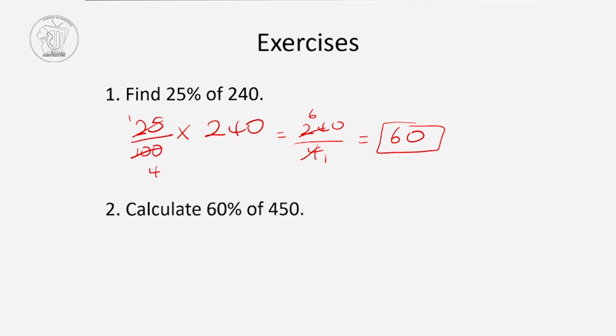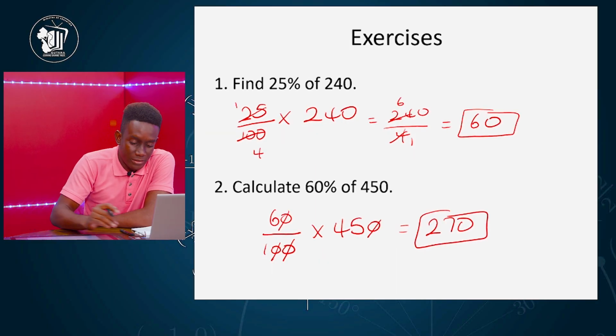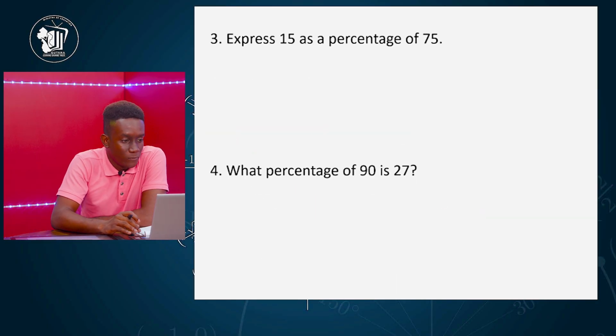Next one, calculate 60% of 450. So this is 60 over 100 multiplied by 450. So this 0 goes with that 0. This 0 goes with that 0. So it's 6 multiplied by 45 would give us 270. So let's continue.